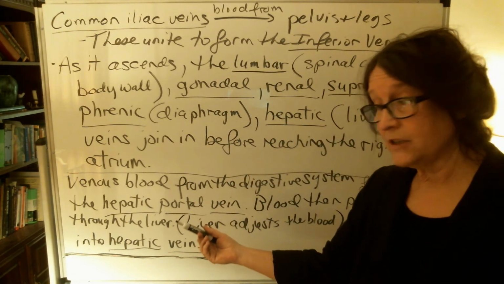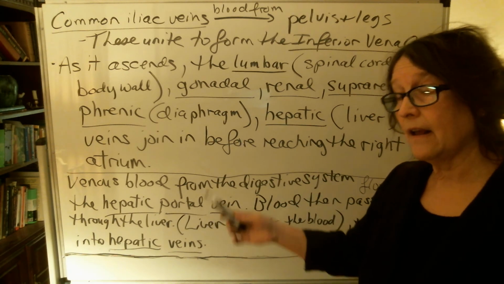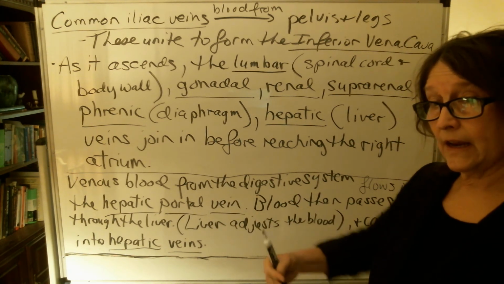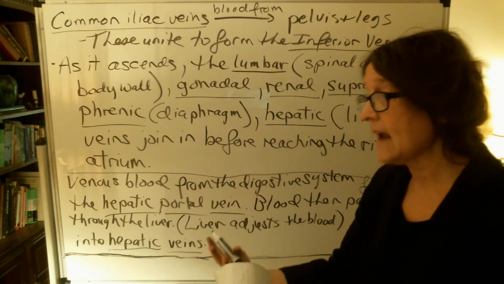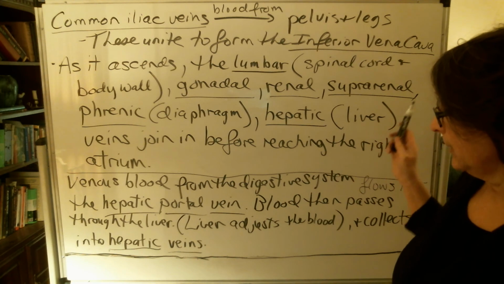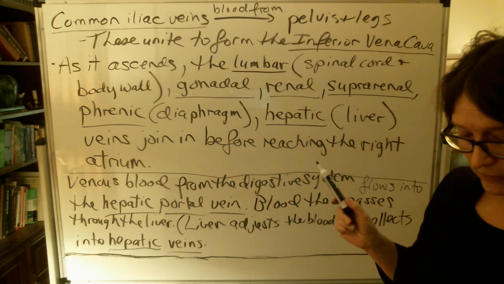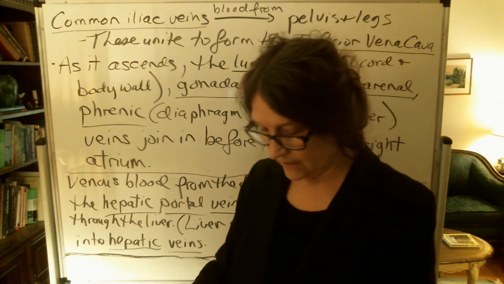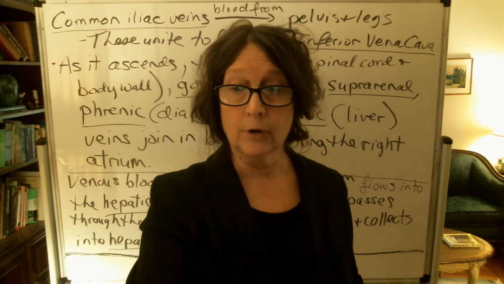But the blood from the digestive system first went into the hepatic portal vein, and then the hepatic portal vein brought the blood to the liver, then the liver acts on the blood, and then the blood flows into the hepatic vein, which then flows into the inferior vena cava. And that's it for the venous system.